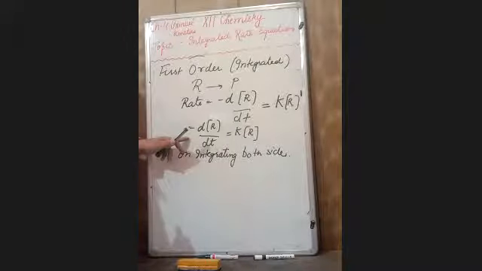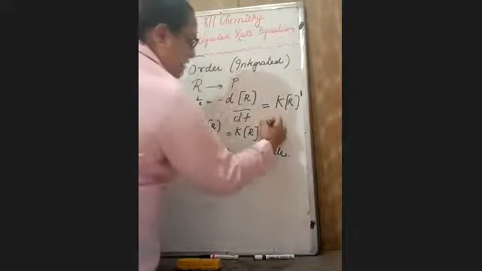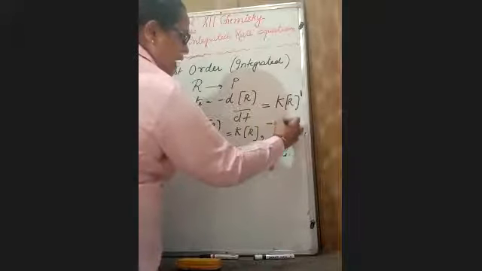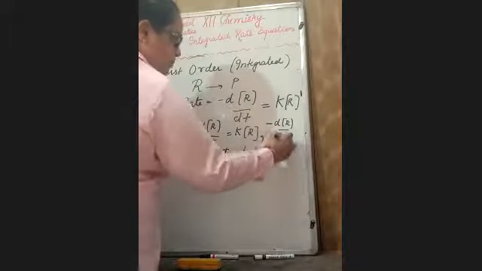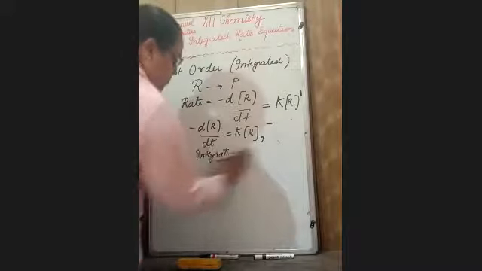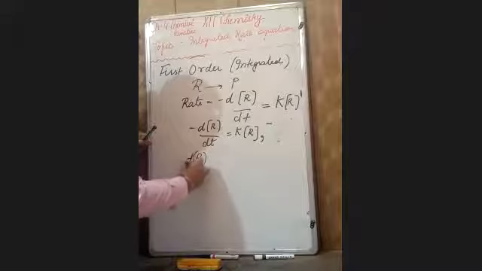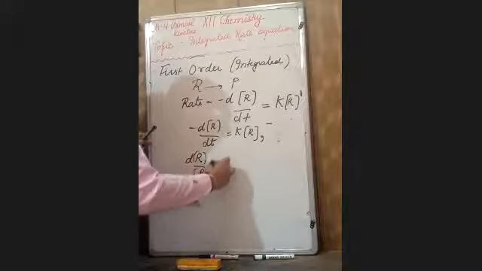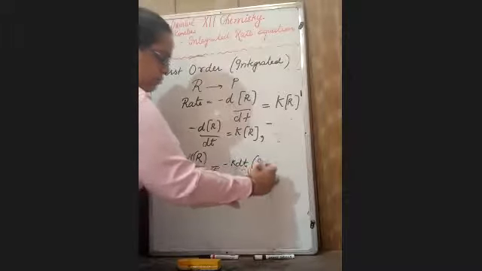Fine. First write this equation like this: minus dR over R, dR over R is equal to minus k dt. Integrate this equation.